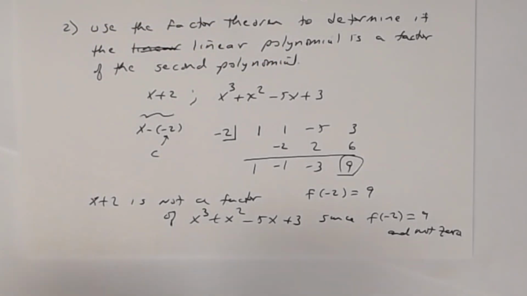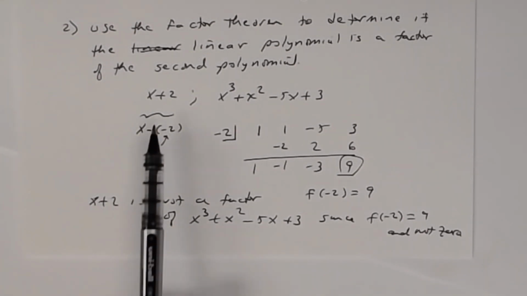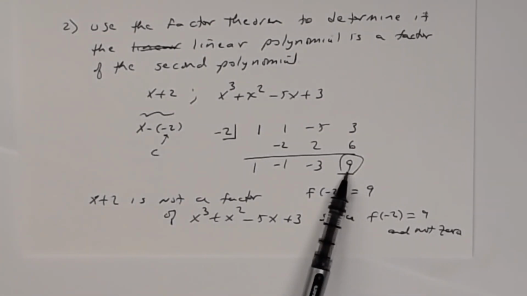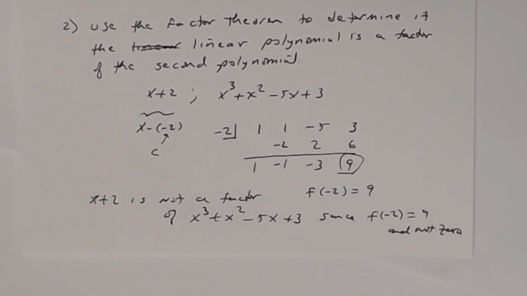Okay, so remember the remainder must be 0. All right, so that was number 2. So remember, this is a factor of this if the remainder is 0.